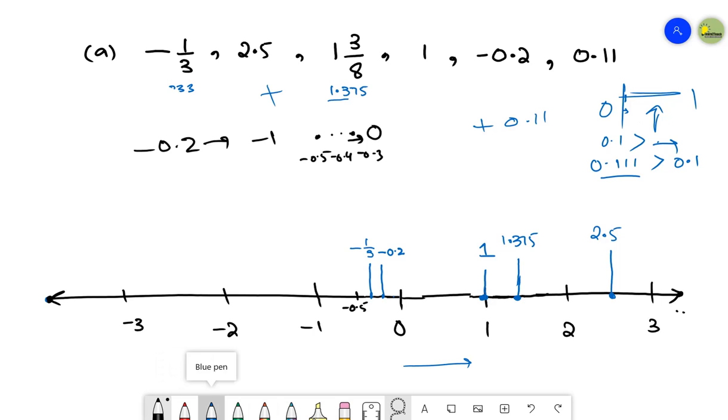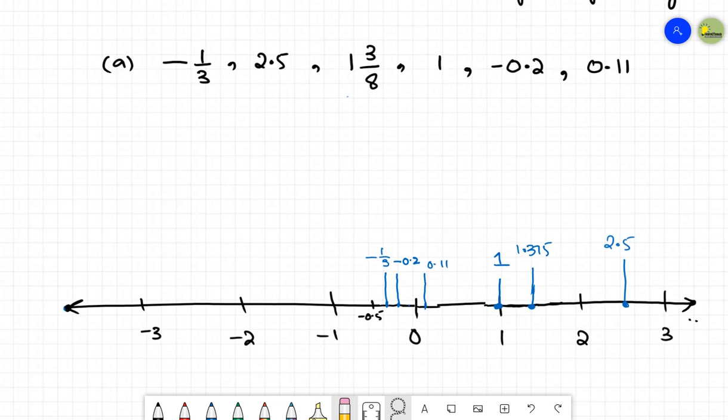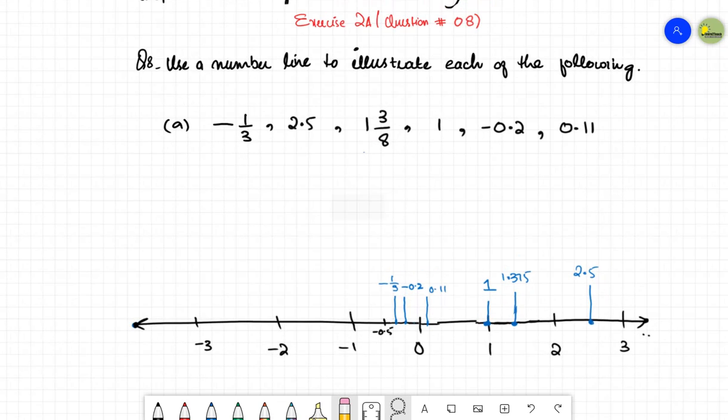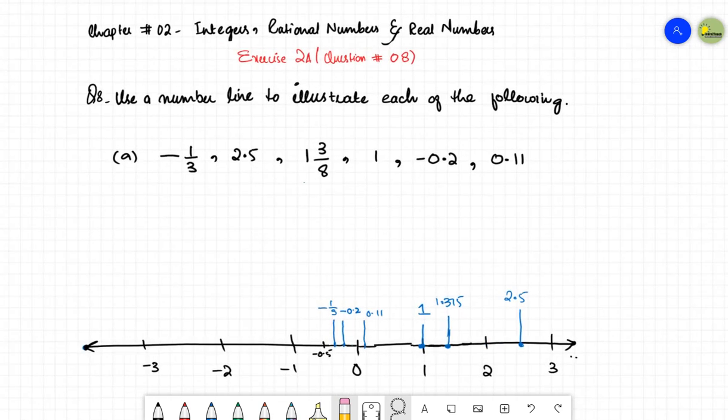This is your 0 and this is probably going to be your 0.11, right? This is how you can easily plot your numbers on the number line. Let me remove the unnecessary information. So this was the number line that you require in part A of question number 8.